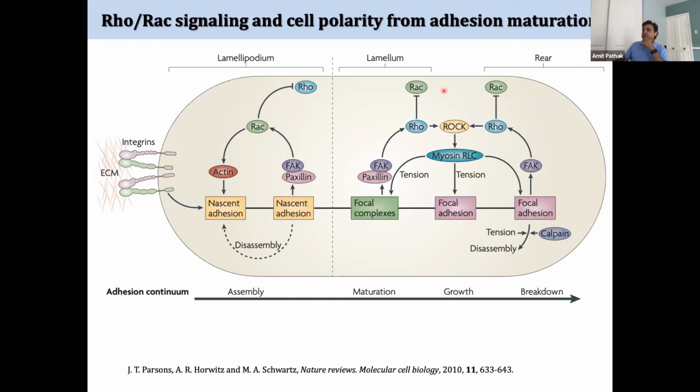And in the back of the cell, RAC activity is low, meaning actin dynamics is low. So actin filament velocity on top of adhesions is low. That leads to higher lifetime focal adhesions. And the focal complexes have a higher chance of becoming adhesions in the back of the cell, and similarly behind the lamellipodium.